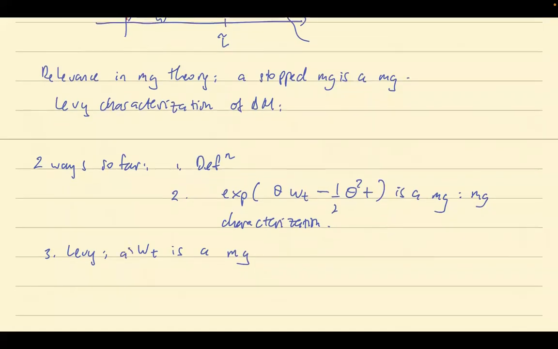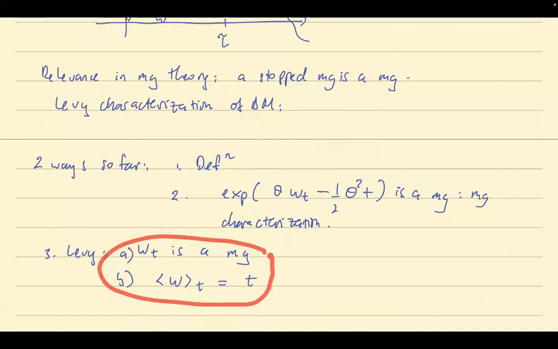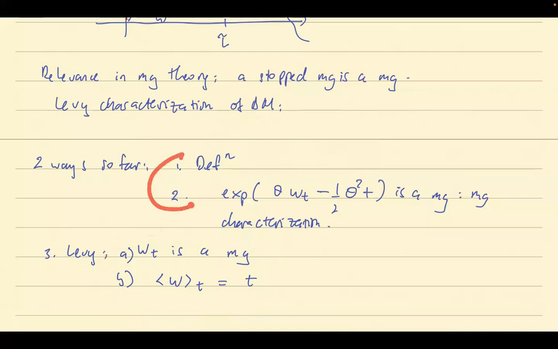And second, the quadratic variation is t. If both of these are satisfied, then W_t is a Brownian motion. So it gives us a third way to characterize a Brownian motion, on top of these two.